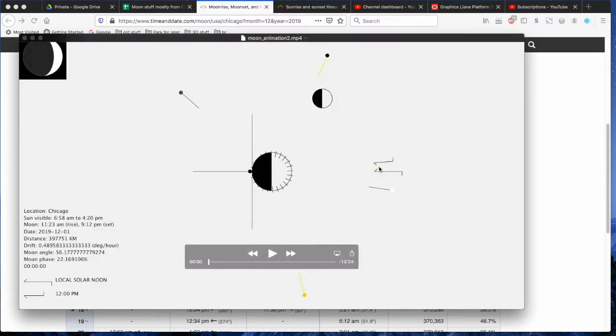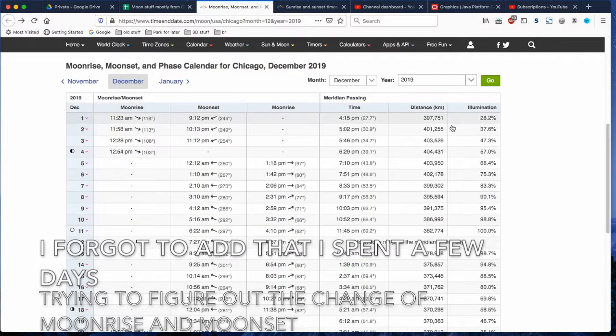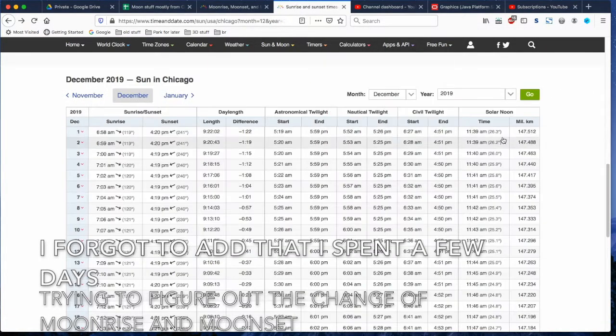As a result, this sign here represents local solar noon, and 12 p.m. should move up and down throughout the year. I've got a slight little bug in my animation that shows this is midnight when in fact it should be accounted for local solar noon. So in fact on December 1st it should be closer to 11:39 p.m.